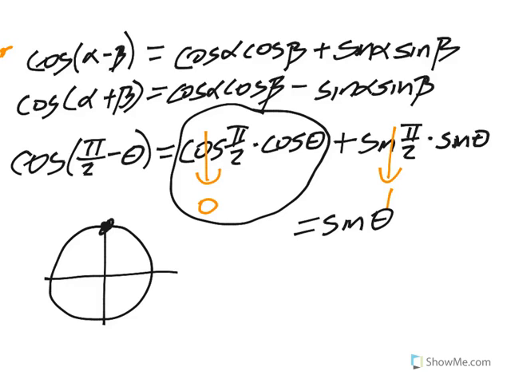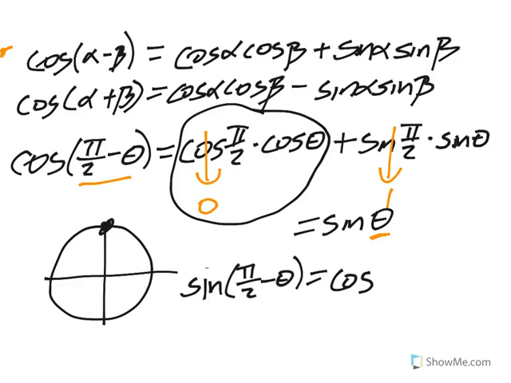But if I were to now try to figure out, okay, what is sine of pi halves minus theta? Well, that's just cosine of, now let me be careful here and try to be as clear as possible. We just said that sine of some angle is the same as cosine of pi halves minus that angle. And here I have sine of some angle.